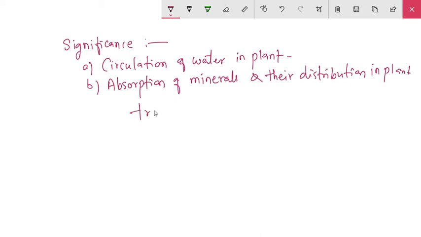That means as the transpiration increases, the rate of absorption also increases. Okay. So along with the water, the minerals are also absorbed and translocated in the plant. When the rate of transpiration increases, there is increased absorption of water. So this transpiration stream extends from root to the leaves.